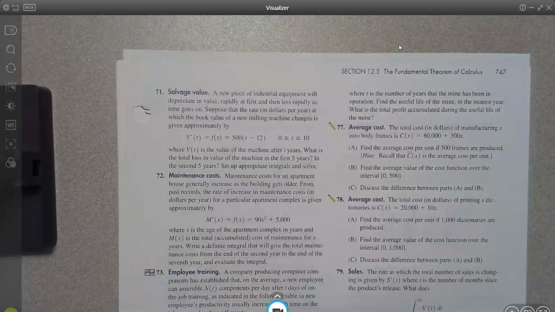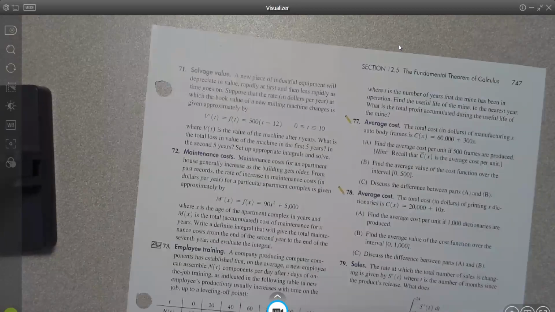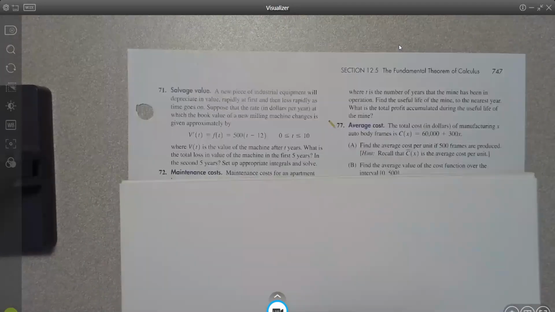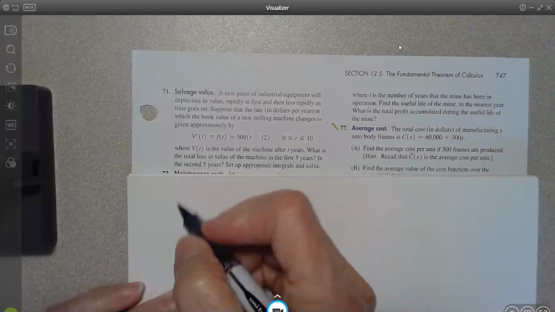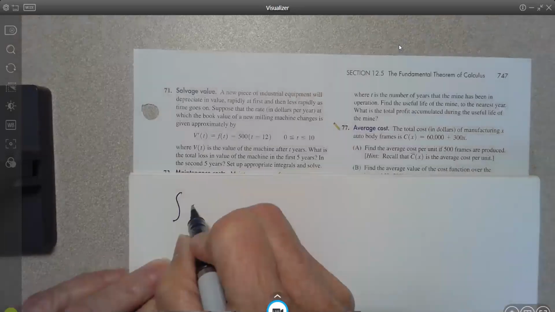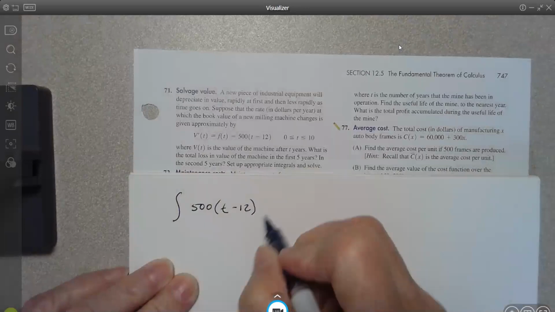Let me turn my paper around. So I know it's going to be 500 t minus 12, and that would be dt. I'd like you to figure out the lower and upper limit.